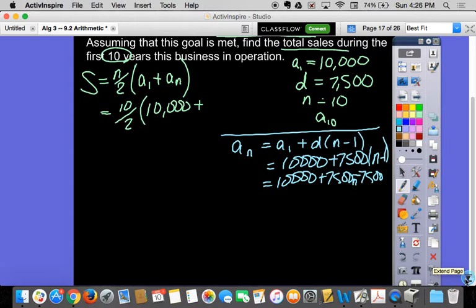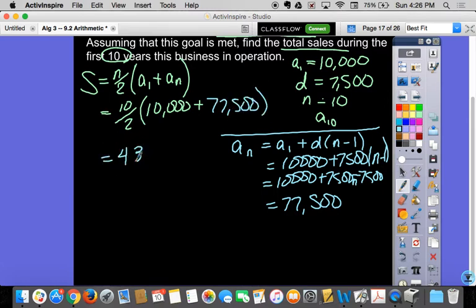Let me see if I can find the end result of this. This all ends up being a total of 77,500. And if you come in here and you put your 77,500 and you work this one out, you get 437,500.